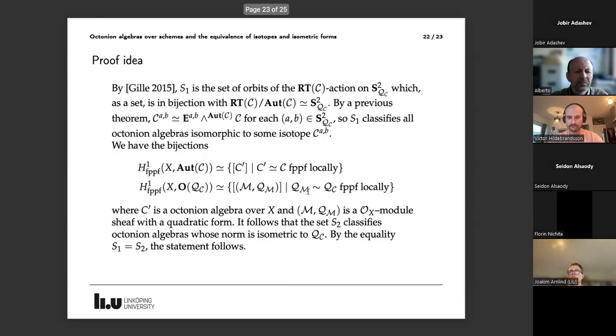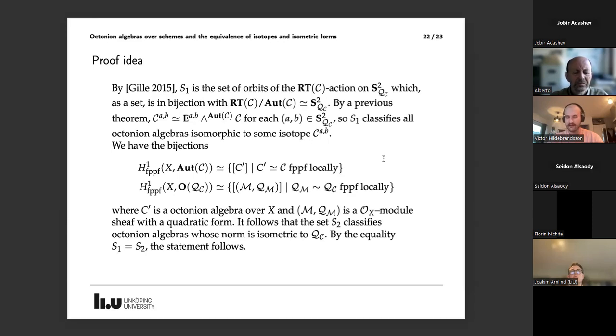So this set is exactly the set of isomorphism classes of Octonion algebras which have quadratic forms isometric to the form of our base Octonion algebra. And so the set S2 classifies Octonion algebras whose norm is isometric to our base Octonion algebra norm.